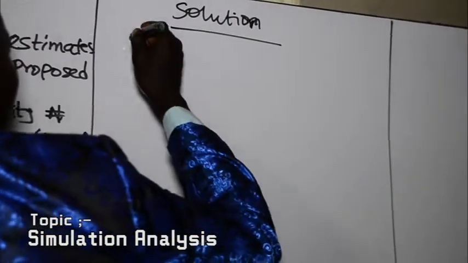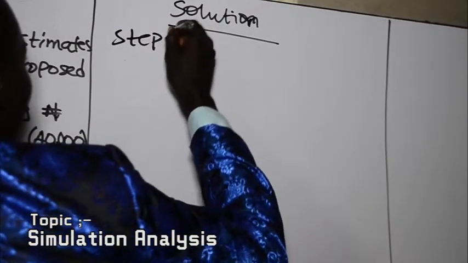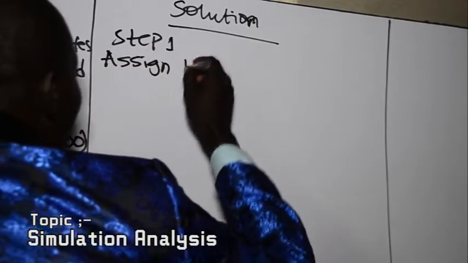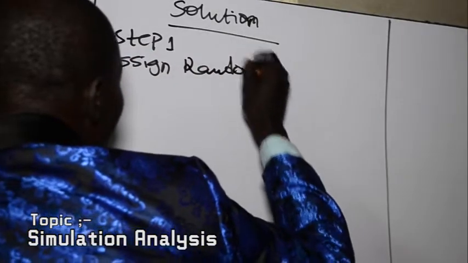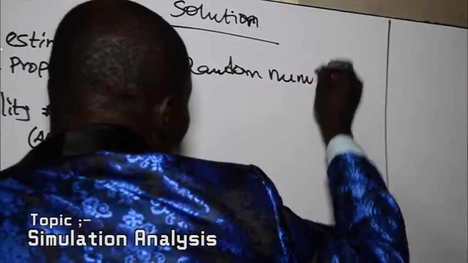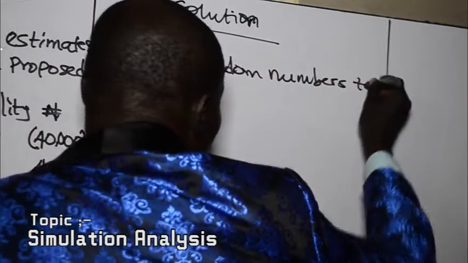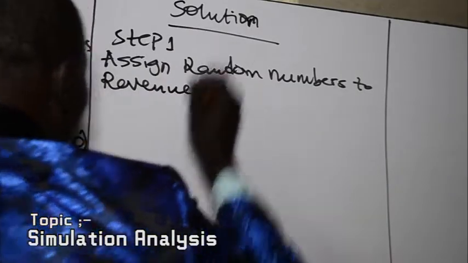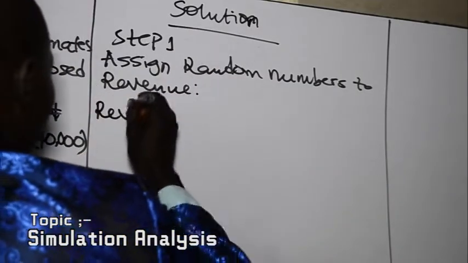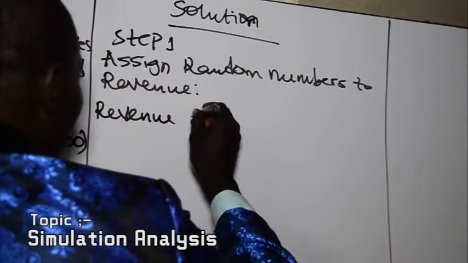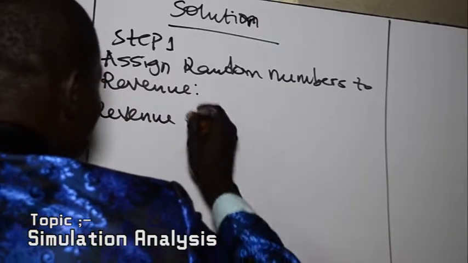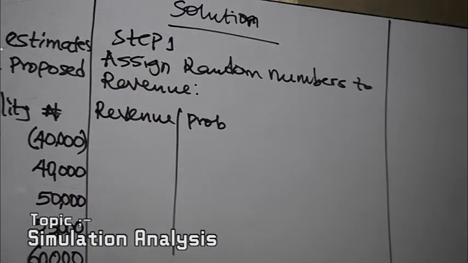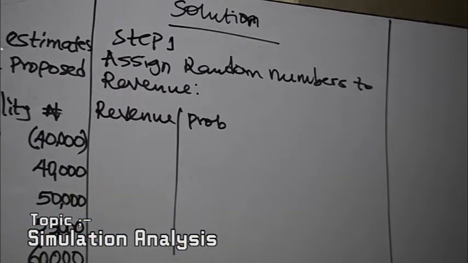Step 1: assign random numbers to revenue. We have revenue and the probability.